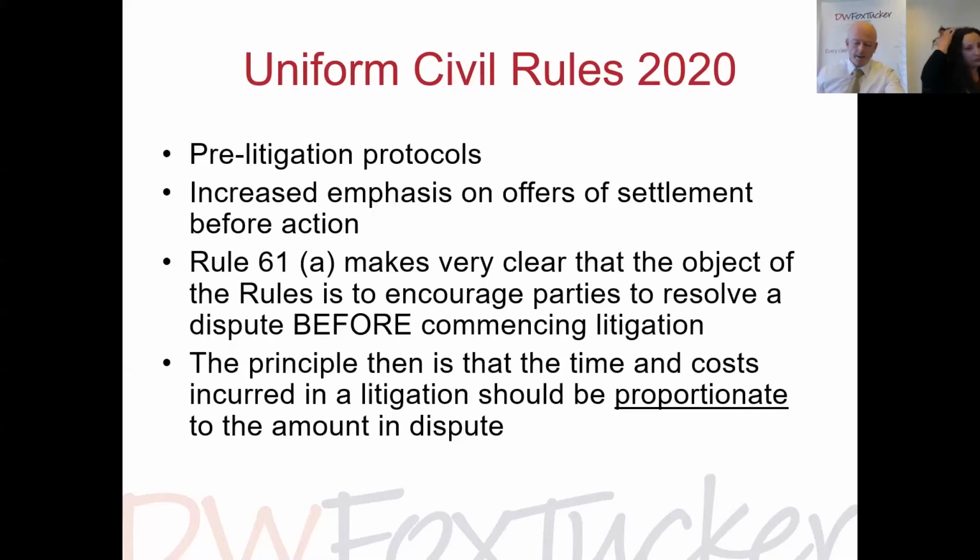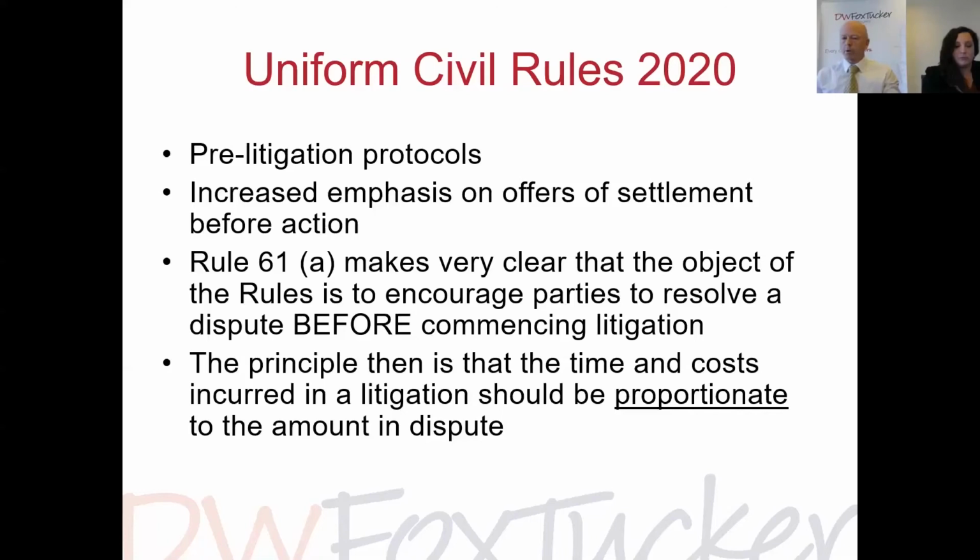Rule 61 is the relevant rule, and that commences with the objects of that rule, which makes it very clear what the onus is. The key word that I think gets used the most is proportionate, and that's the court trying to ensure that the parties are alive, one, to the obligation to ensure that the costs expended on a matter are proportionate to the amount in dispute, but two, to have the parties aware of those costs before commencing the litigation.